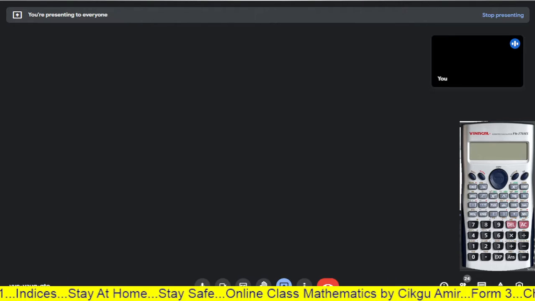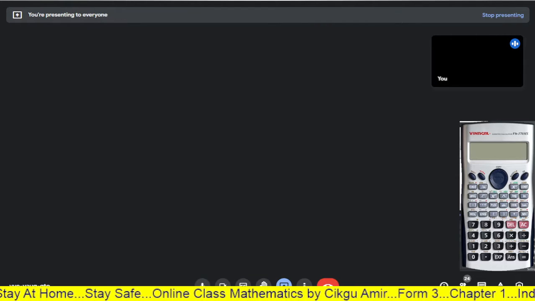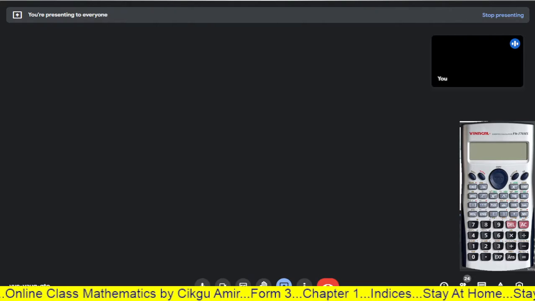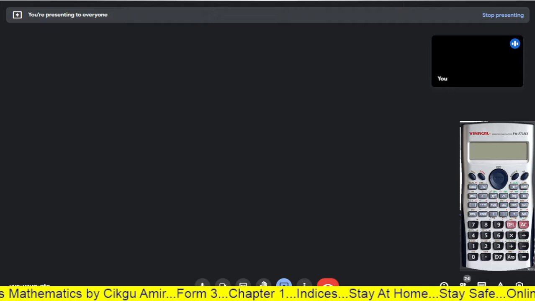And the second one is the repeat multiplication method. Okay, there are two ways. The first one is division, the second one is the multiplication method.